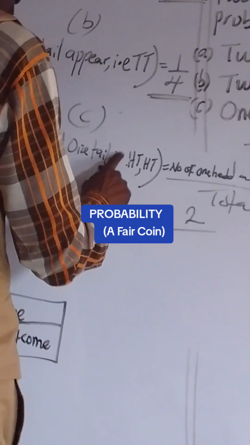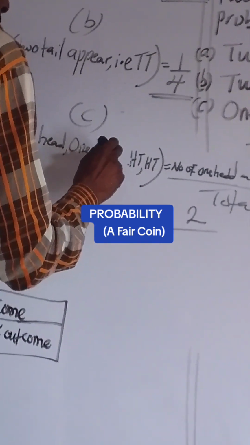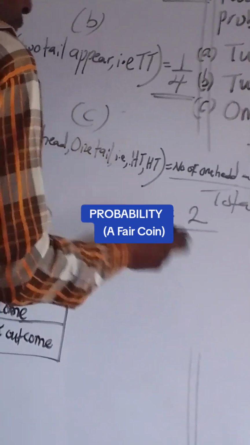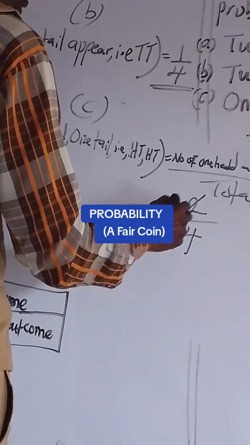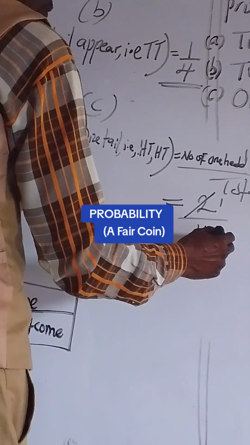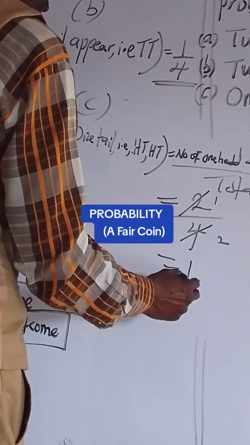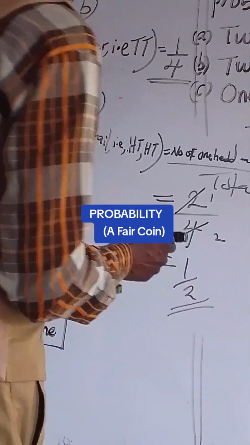I believe you are getting what I'm doing here. The total is 4, so 2 over 4. Your final answer is 1 over 2.